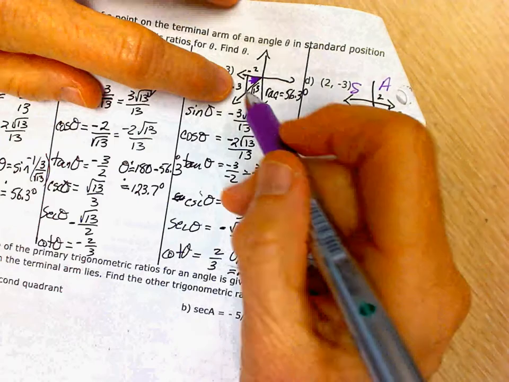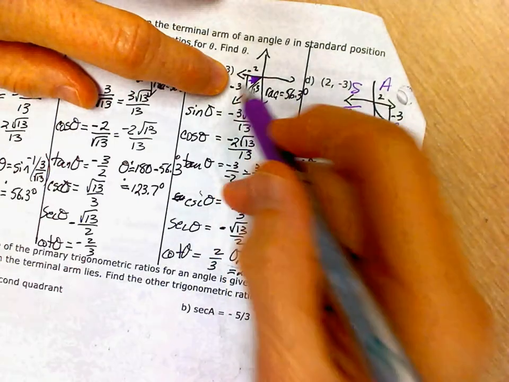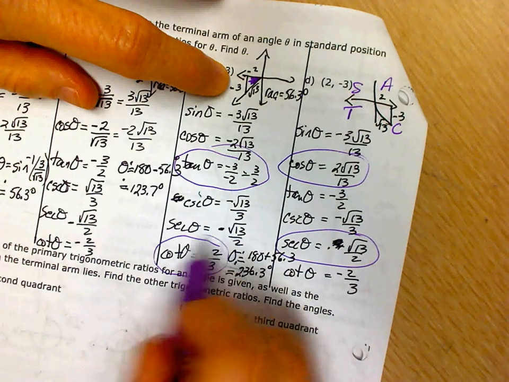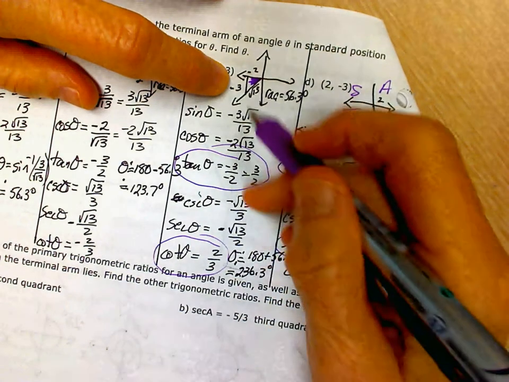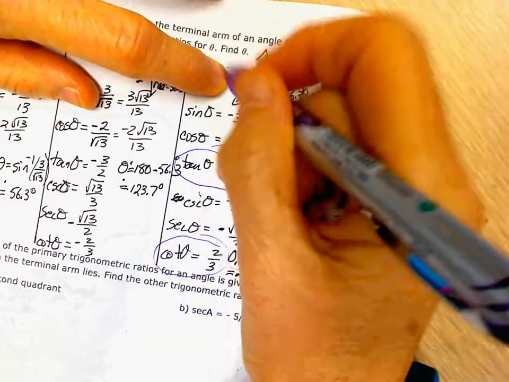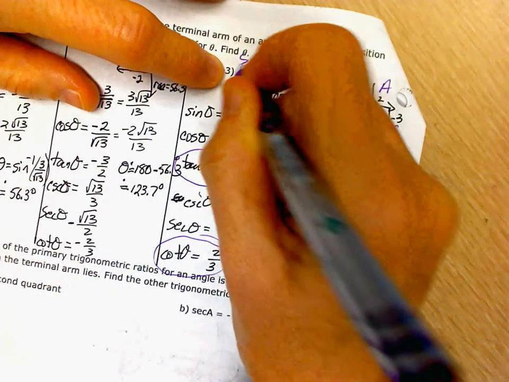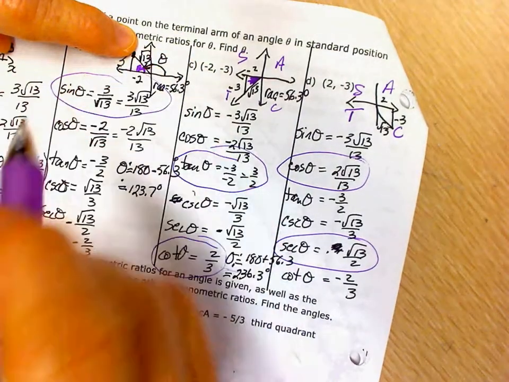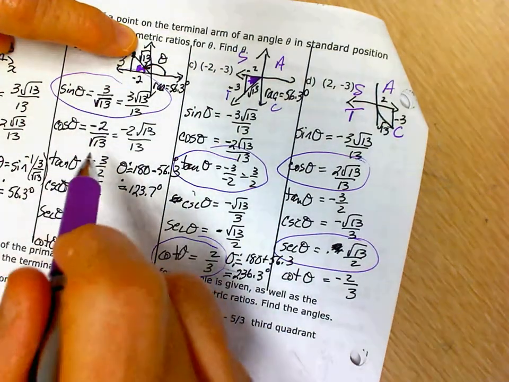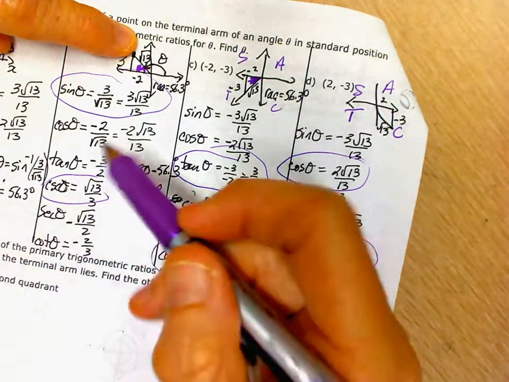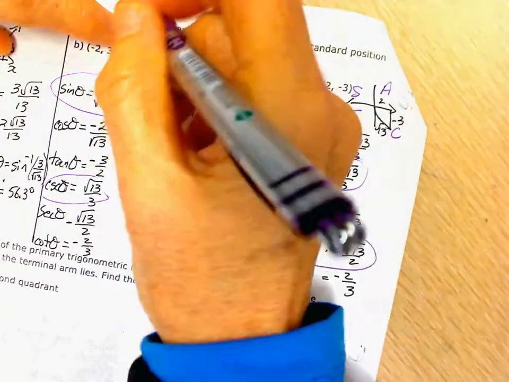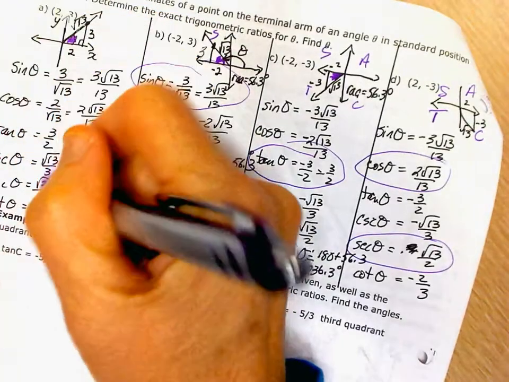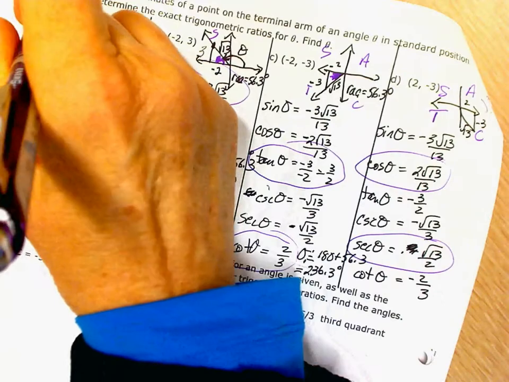In this quadrant, tangent and its reciprocal were positive. Everything else was negative. Right? C-A-S-T. In this quadrant, sine and its reciprocal were positive, everything else was negative. Sine was positive here, right? Here they're all positive.